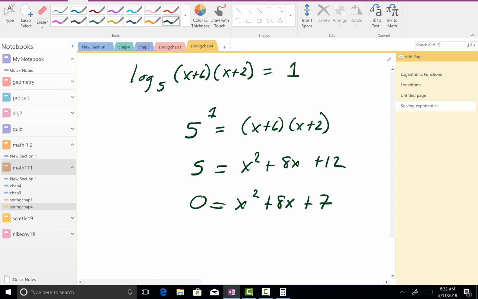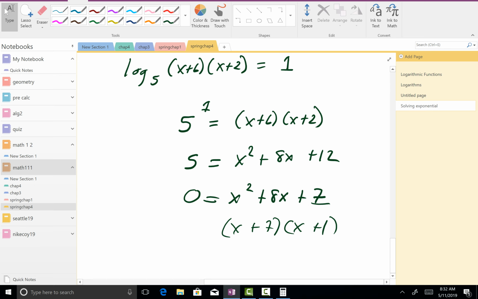Okay. So we FOIL. We find it. Got this. Move the 5 over because it's quadratic. And then, hopefully, it factors to get that solution. And this one does because we have 7 and 1. I'll pause for a second here.